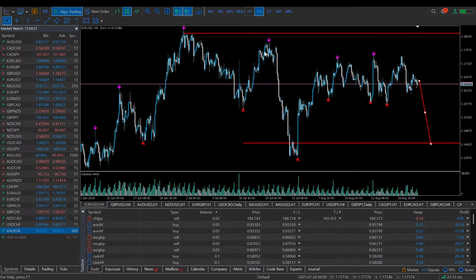Now the clear signal can be around the same price here that we can consider, and that is, if today price closes below 1.16369, that would be a great area to consider.